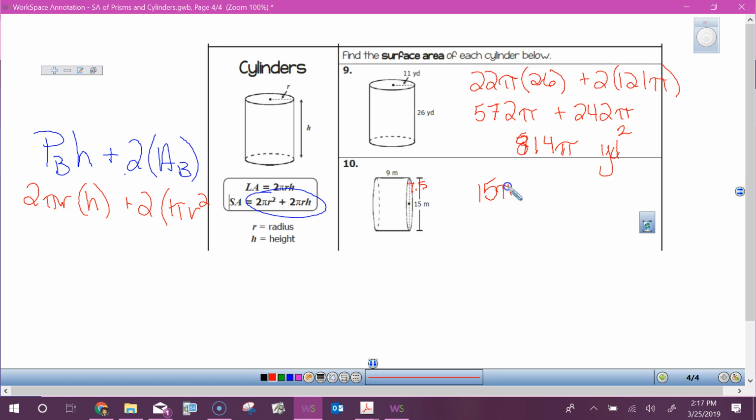So 15 pi times, what's my height? 9 plus 2 times, what am I squaring? 7.5. What do I get? 56.25.